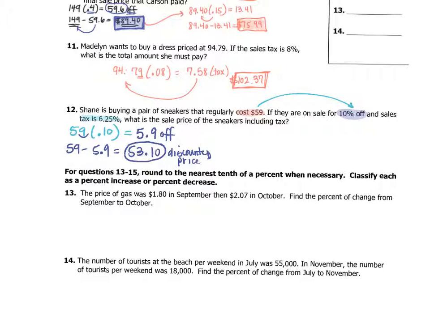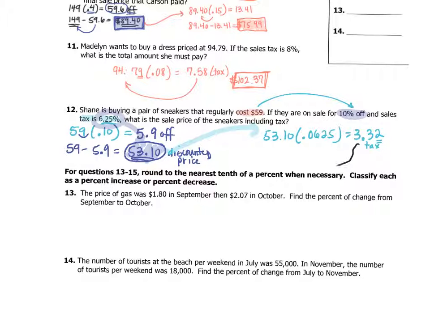Now what's going to happen is that has to get tax added to it. So we got to take that price now and add the sales tax. So let's take this price of $53.10 and multiply it by 0.0625, as that's the percentage of sales tax. So 53.1 times 0.0625, oh, I didn't type that in correctly. 0.0625, that's $3.32 rounded, that's just the tax.